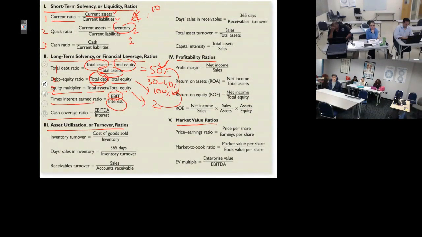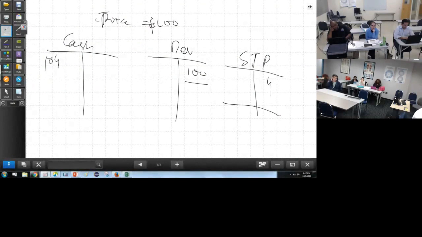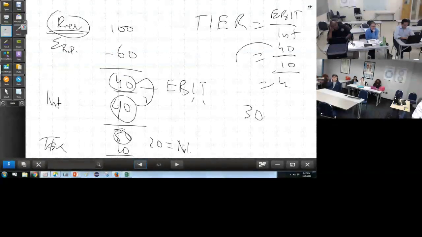The times interest earned and the cash coverage ratio as well. What we do in this case is remove not only the interest expense but also depreciation, because depreciation is not a cash expense, right? So let's say we go back to the same slide, this one. For example, in this case, your EBIT is 40.